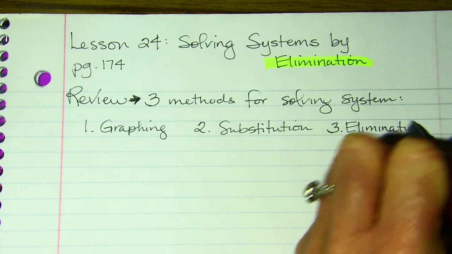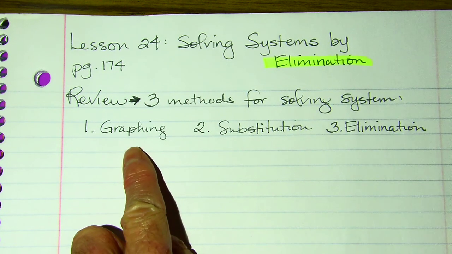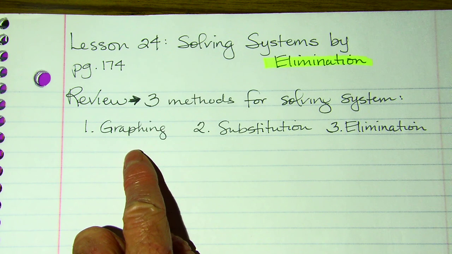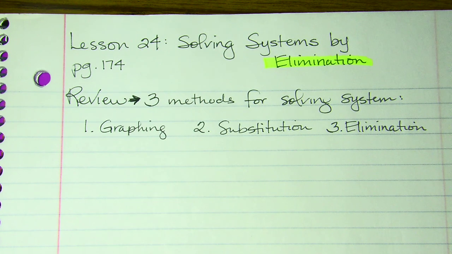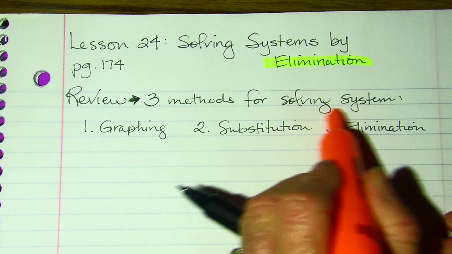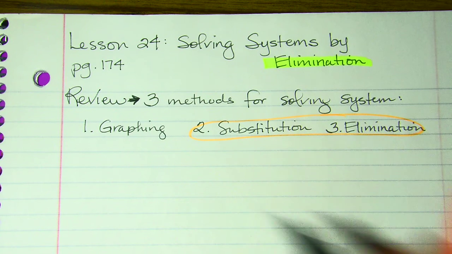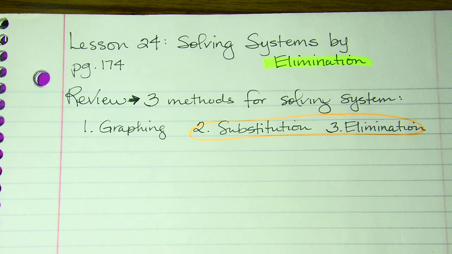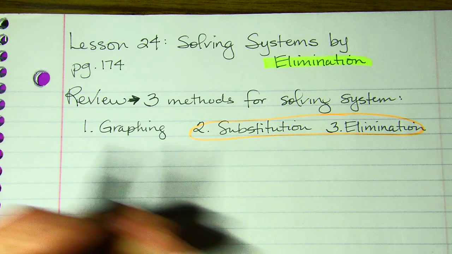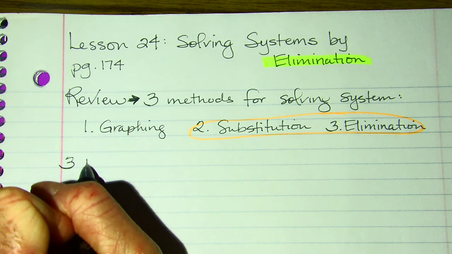Now, graphing, honestly, is the least accurate, but it gives us a visual of what we're looking for. Okay, the most popular methods are substitution and elimination, and usually we pick whichever one makes the most sense to use. Now, there are three types of solutions.